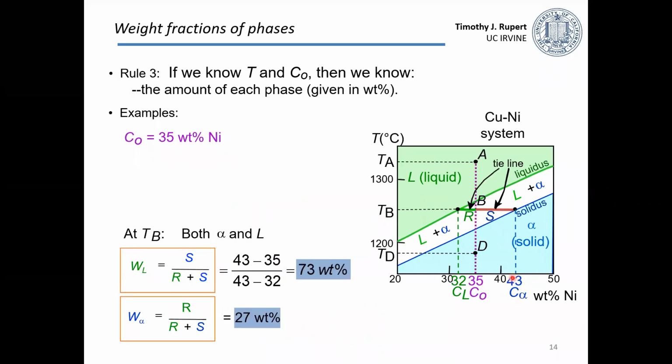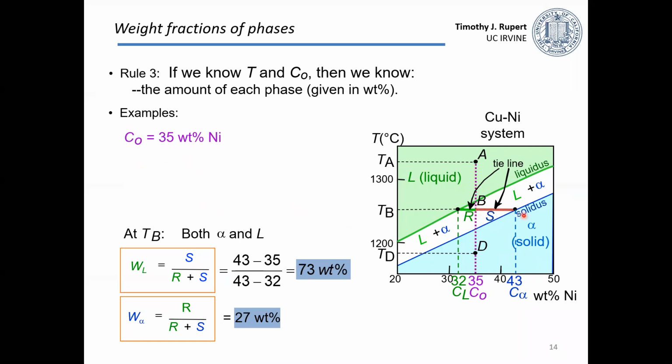The third thing we can do is take advantage of the fact that we know what the composition of the individual phases are, and we also know what the overall composition of our material is, to then calculate how much of each of these two phases I have. Right? So to do this, we can use that tie line again. If we have 35% nickel, we can figure out how much of each we have.